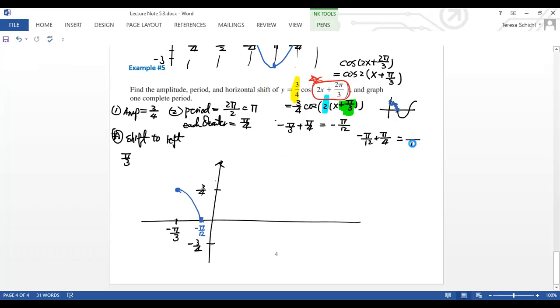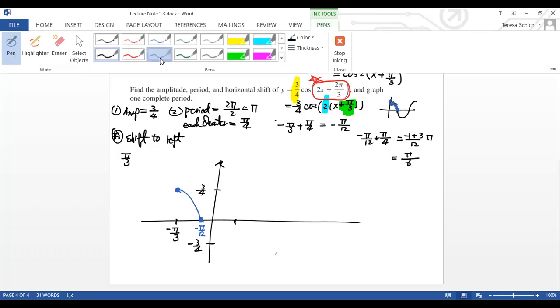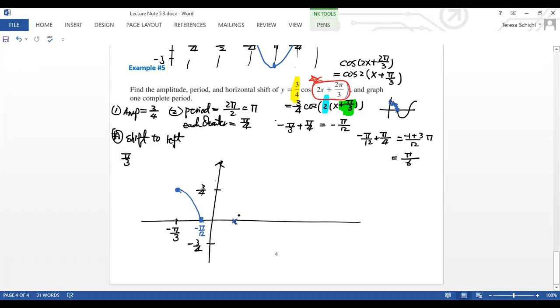We have 12, this is negative 1 plus 3, so I'm going to have a pi here. So it's pi over what? Pi over 6 here, right? So I'm going to here. Okay, so this one's here, pi over 6.